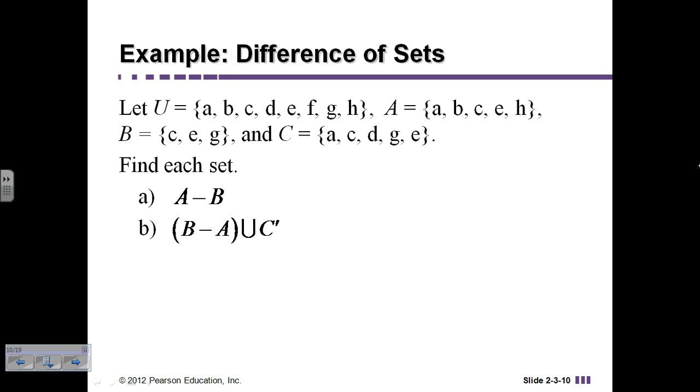We want to take everything that's in A and take away anything that's in B. B has the value C, so we want to take the C out of A. It has an E, so we want to take the E out of A. And B has a G, but we don't have a G in A. So the difference between A and B would be the set A, B, and H.